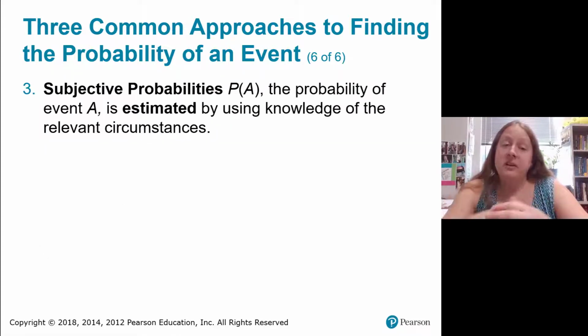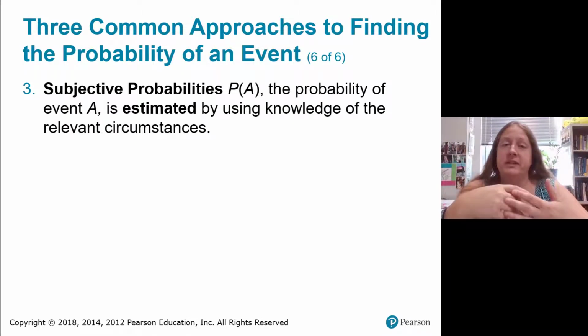Our third and final common approach to finding probability of an event is considered subjective probability. So this is the probability of event A being estimated by using knowledge of the relevant circumstances. All right, so we don't necessarily have this theoretical knowledge, or maybe our events are not equally likely to occur, and we have to use some kind of knowledge that we have about this.